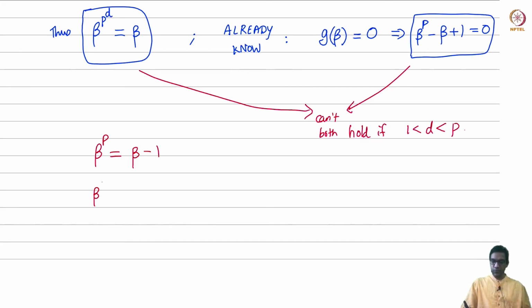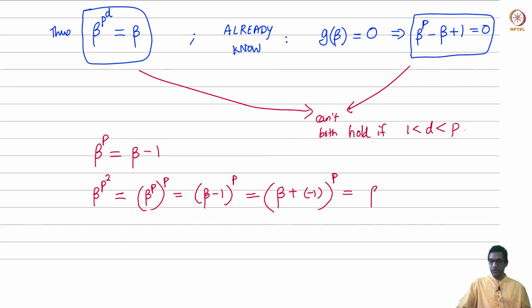Now from this I can compute beta power p square. Beta power p square is nothing but beta power p the whole power p. So that is beta minus 1 the whole power p. You've seen this computation many times.